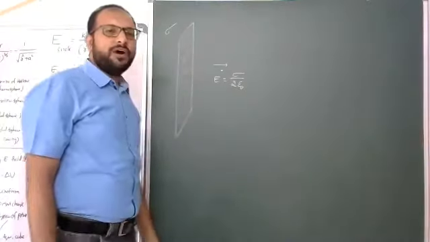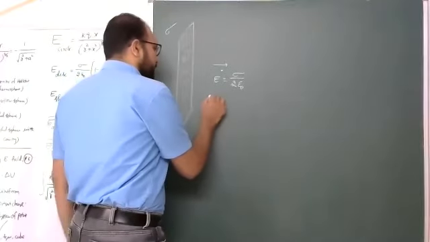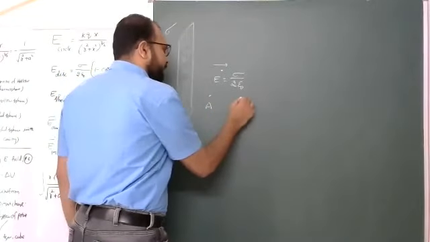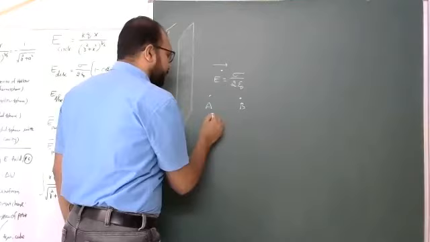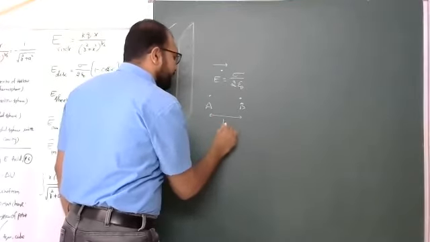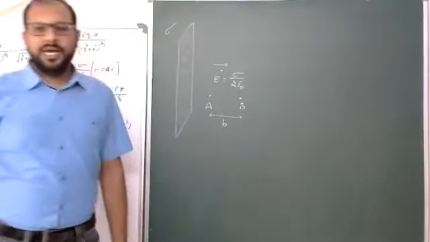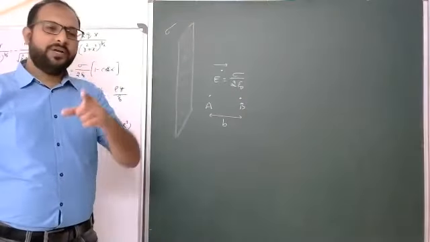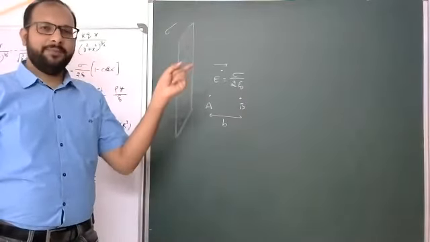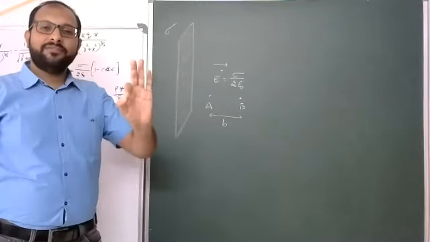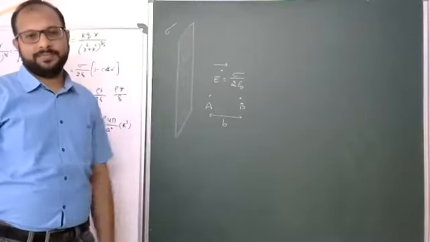So in a uniform electric field, students, suppose point A and point B are separated by the distance d. This is the direction of the electric field. We already know the conclusion from before: in the direction of the electric field, potential decreases.